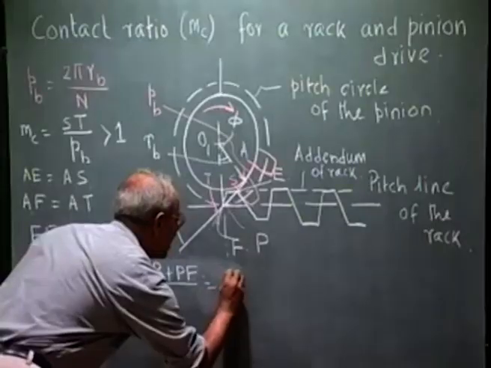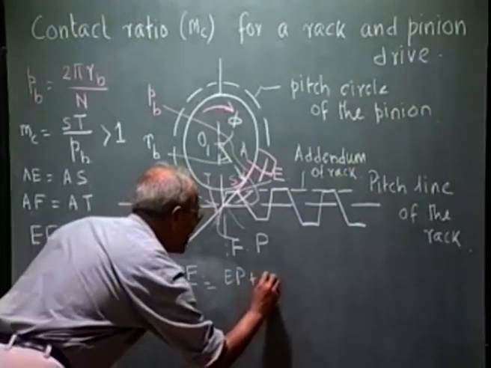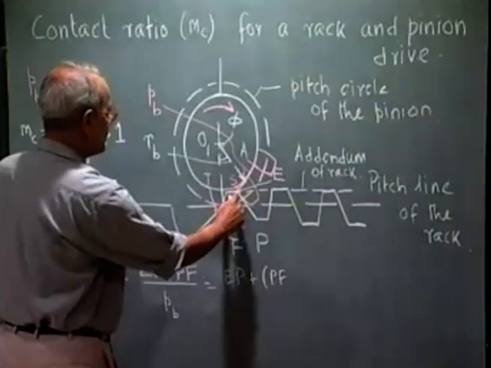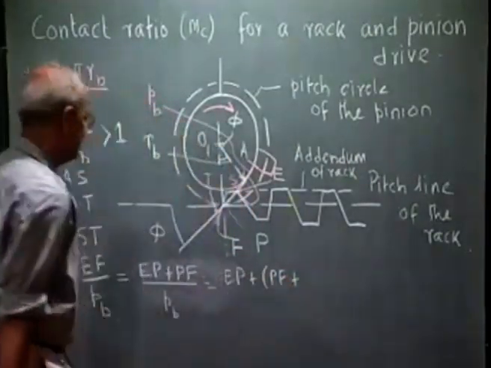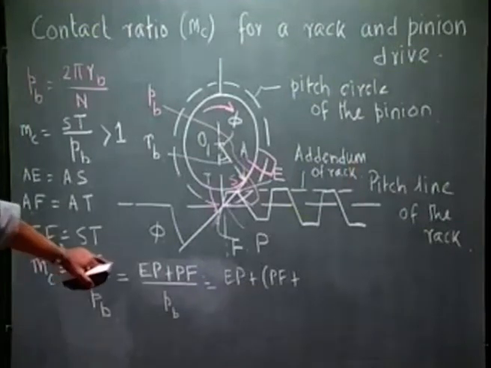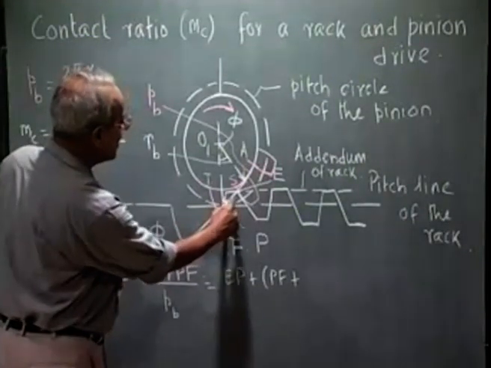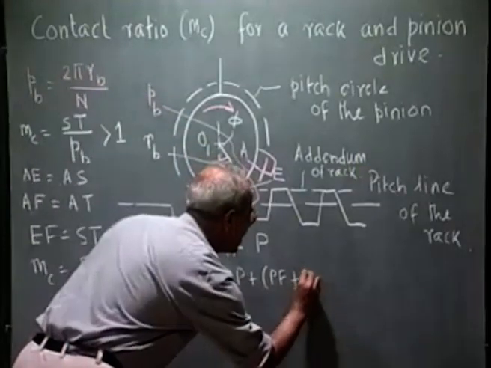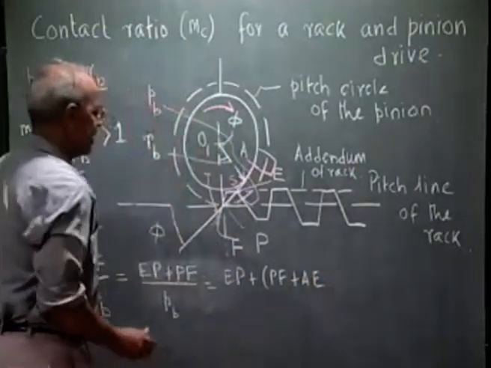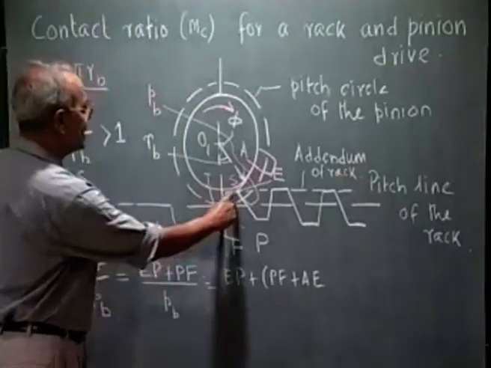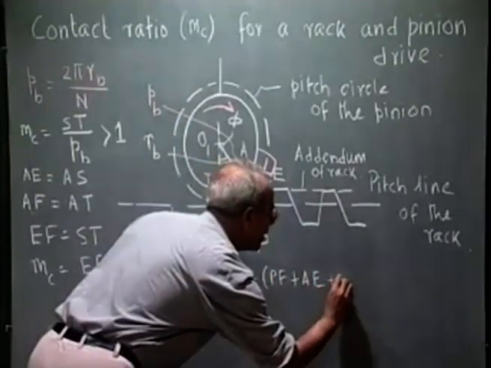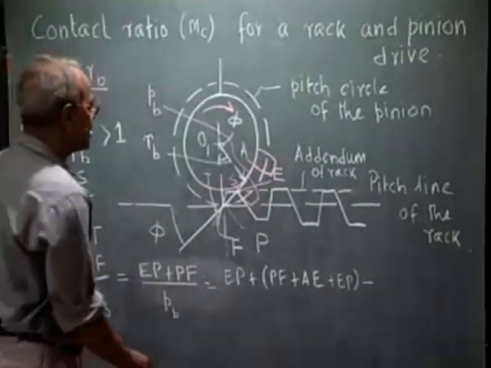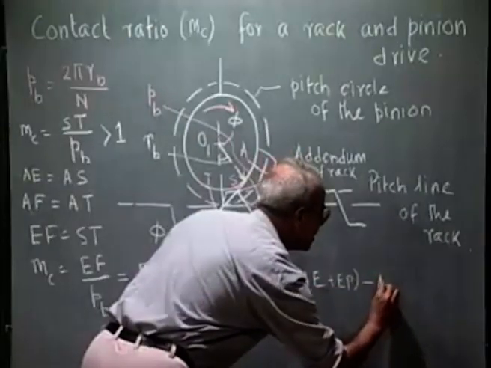Now, I add AE plus EP. EP I have written, I add AE to PF, and I again add EP and subtract AE plus EP, that is AP.